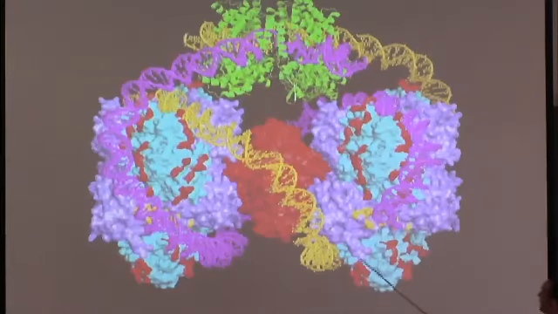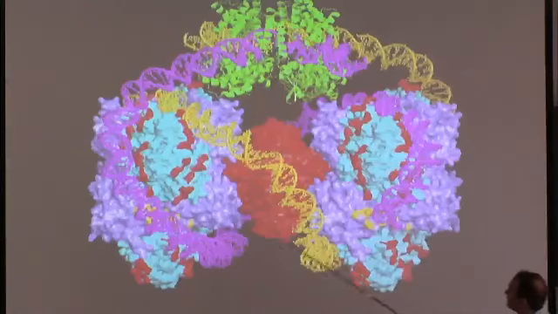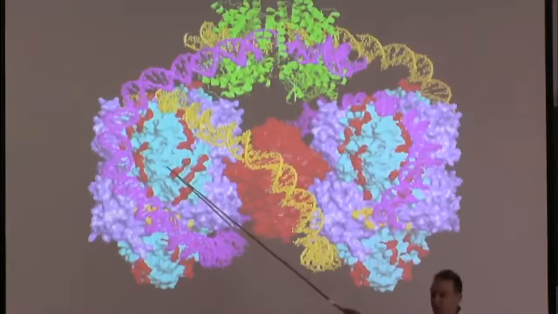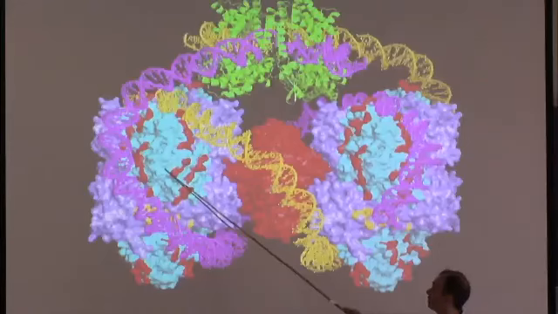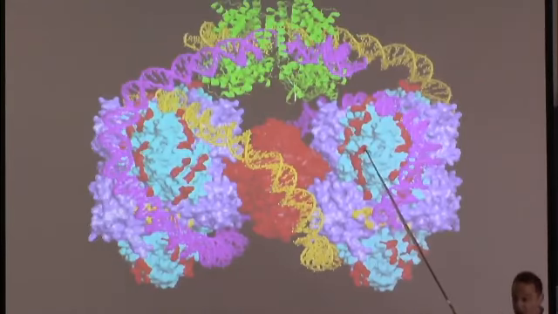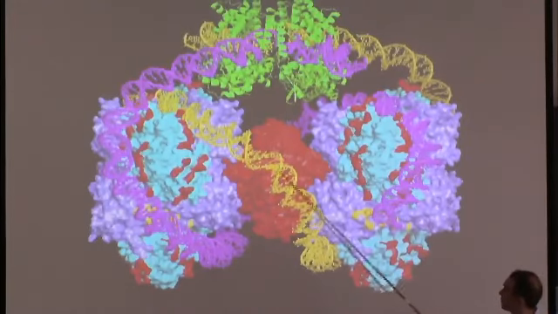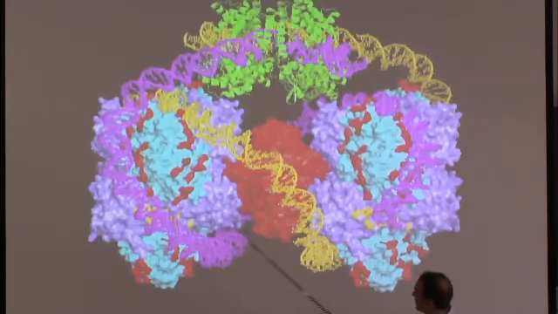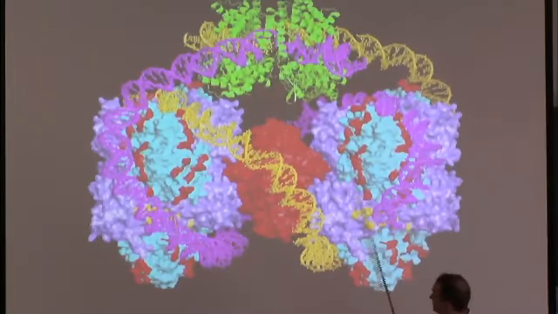So we have crystal structures for RGR and PEP, and we've done a number of experiments to try and find residues on the surface of this. So this is a hexamer of the PEP protein, another hexamer of the PEP protein, and a hexamer of the RGR protein here in red. And a few years ago, we did a whole series of experiments looking for mutants in PEP that abolished DNA binding.